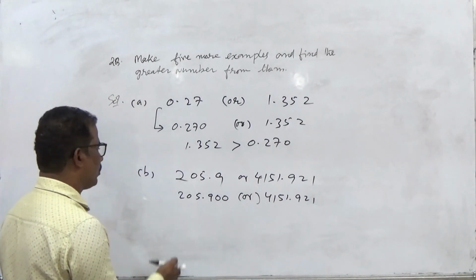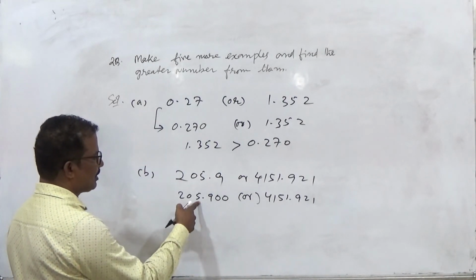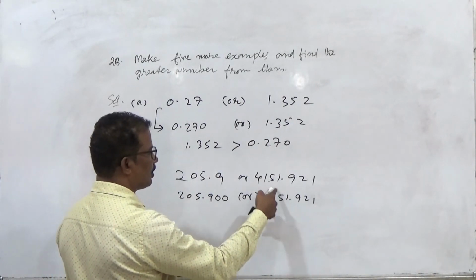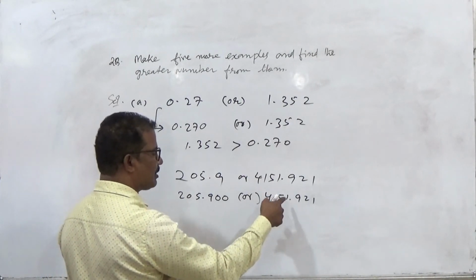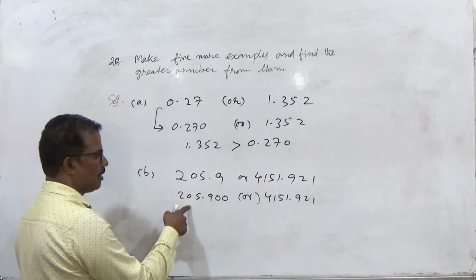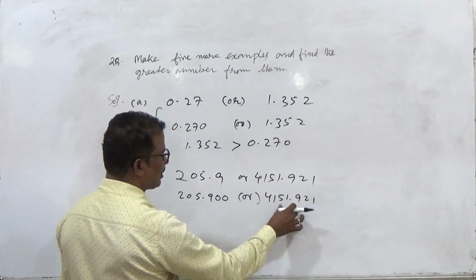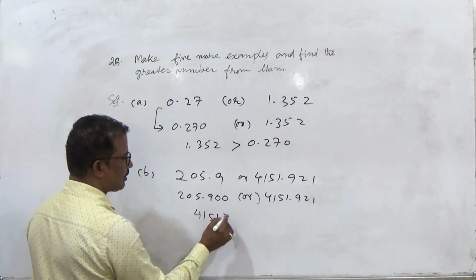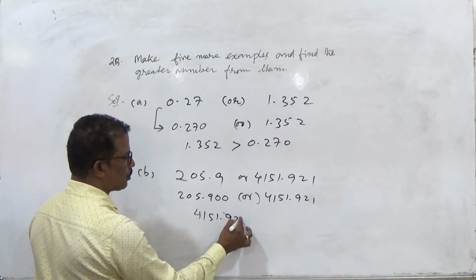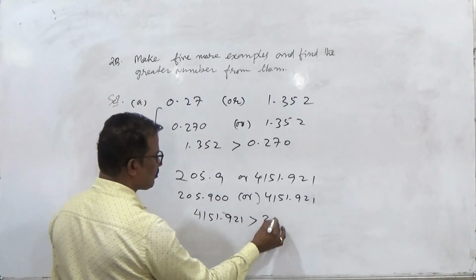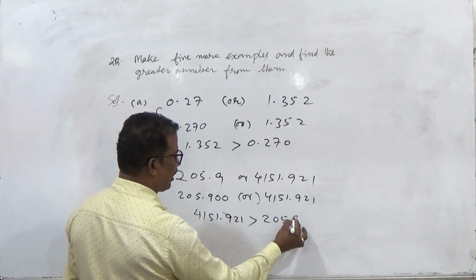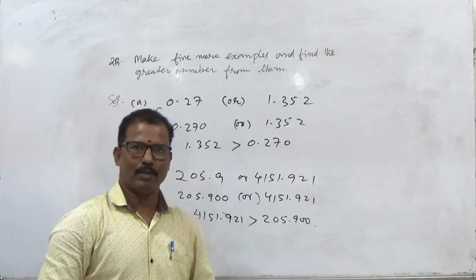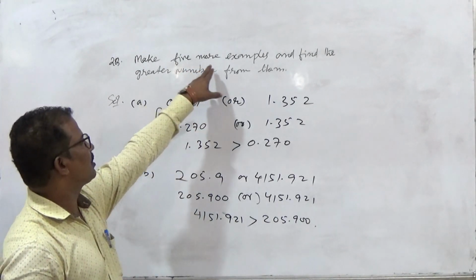Now we can compare. In the whole part, here you can see it is 205 and it is 4151. So 4151 is bigger than this number. So which is greater? This number is greater. So 4151.921 is bigger than 205.900. Like this you have to write 5 examples by yourself and compare them.